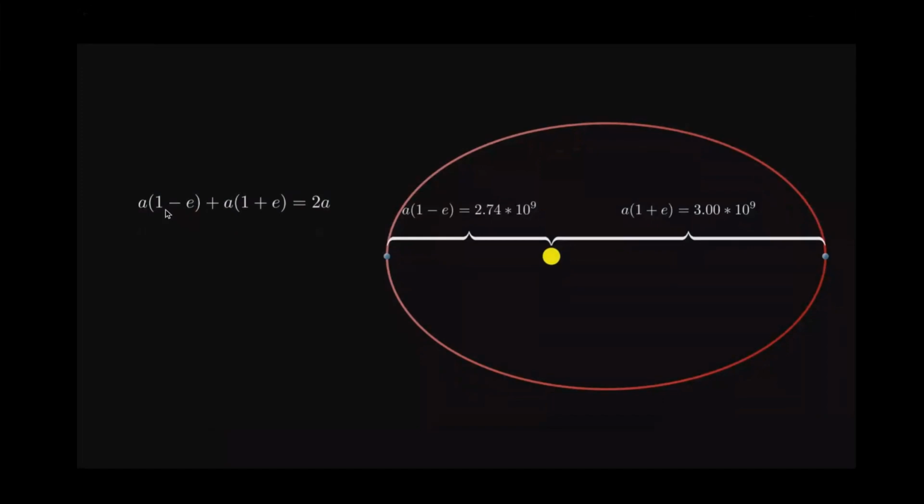You see you get 2A when you add those up. The AEs cancel. And so we have a number for 2A. We divide by 2 for A. Then that's pretty straightforward. We'll put that into this first one. We have A now. We're going to calculate E.